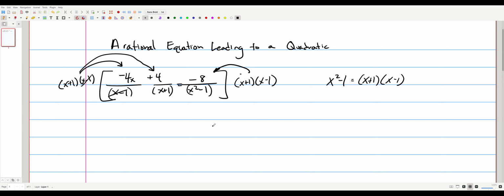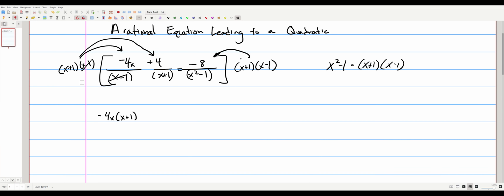And so we just get negative 4x times x plus 1. And then in the second time, we have our x minus 1 back. But this time that and that will cancel, and we'll get plus 4 times x minus 1. And then here, both of these will cancel because x squared, we talked about right here, is x plus 1 and x minus 1. And so on the right side, we'll just have negative 8.